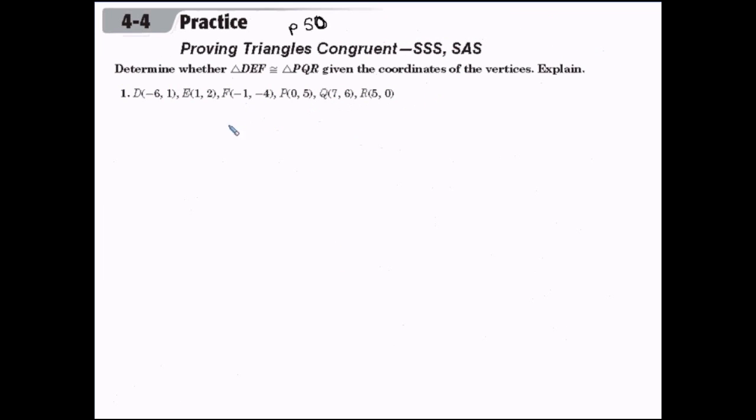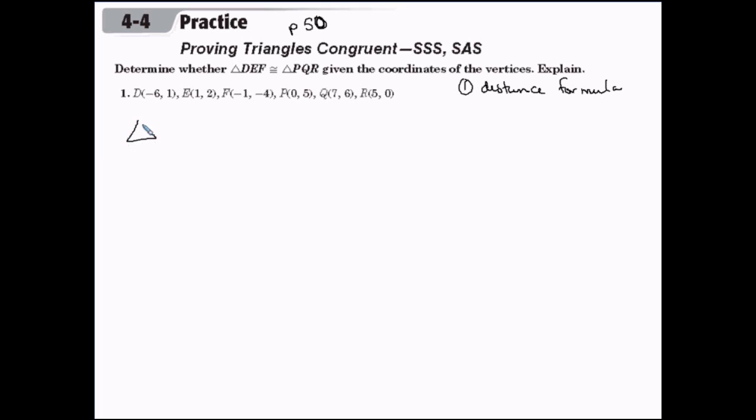All right, we're going to try to decide if these are congruent or not by using side, side, side. And there's 2 ways to do this. The first way is using the distance formula. And then I'm going to show you another way using graph paper. Okay, and then you can pick and choose which one you like better.